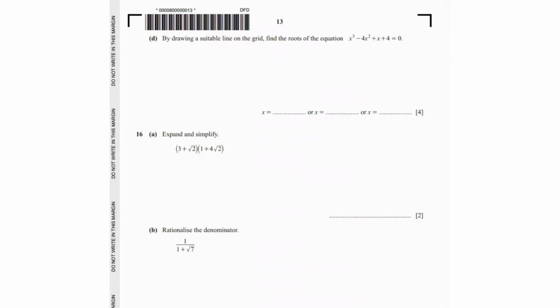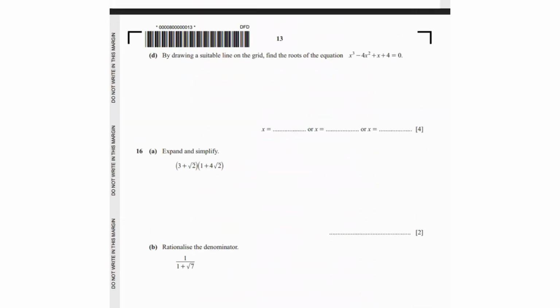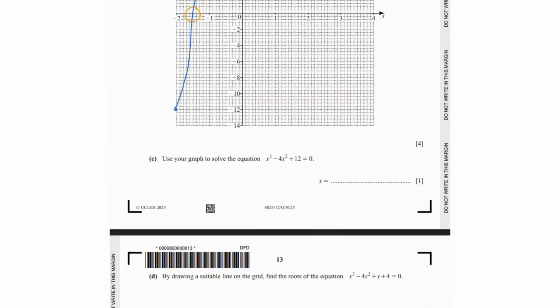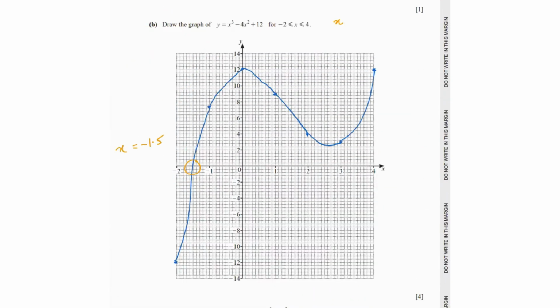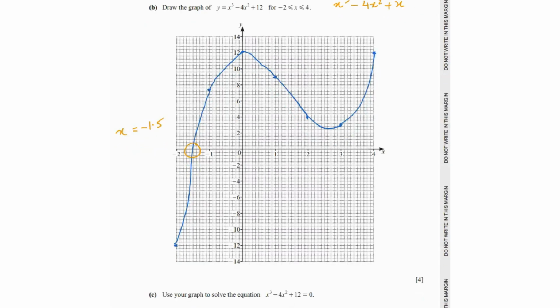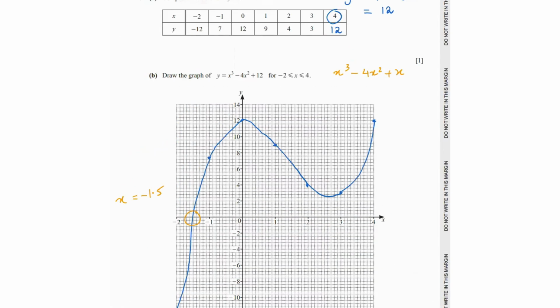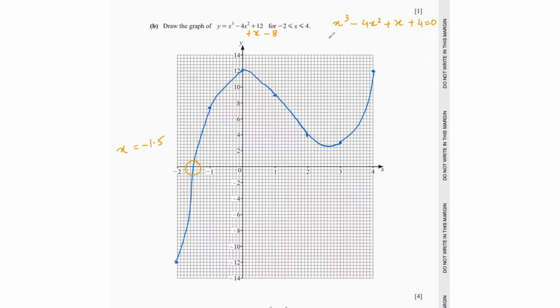Then by drawing a suitable line on the grid, find the roots of the equation x cubed minus 4x squared plus x equals 4. If we compare this with the previous one, we can see that we have an extra x being added and we are subtracting 8, which means when you take it to the other side, it's going to be negative x plus 8.